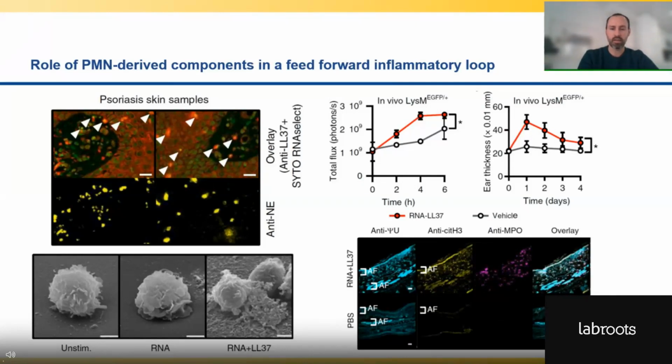And CitH3 and MPO are markers of NET formation and neutrophils respectively, suggesting that when RNA LL37 is injected into the skin, it promotes neutrophil migration, but also promotes the induction of NET formation in the skin, which causes a feed-forward inflammatory loop and promotes psoriasis-like inflammation.